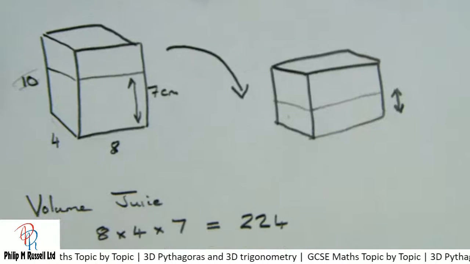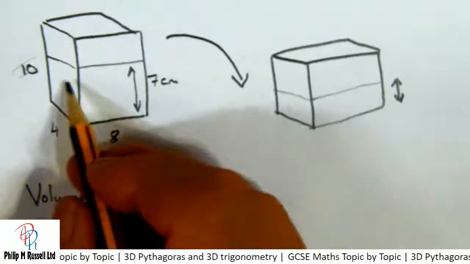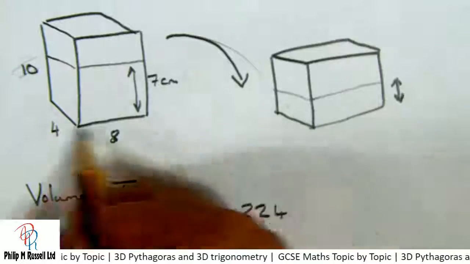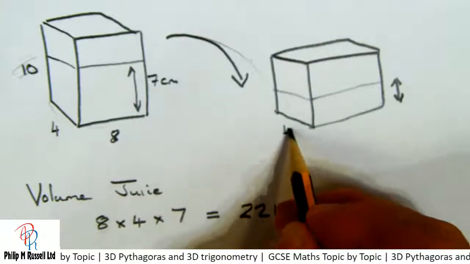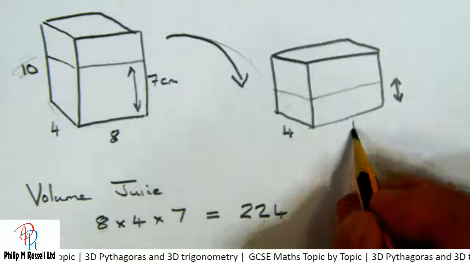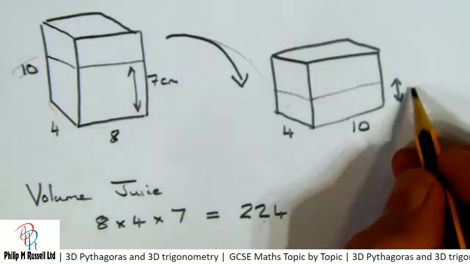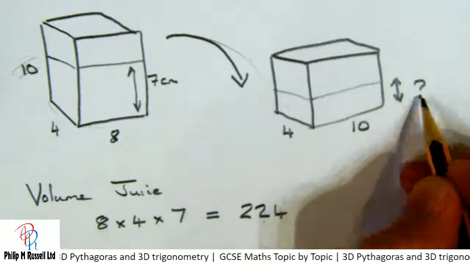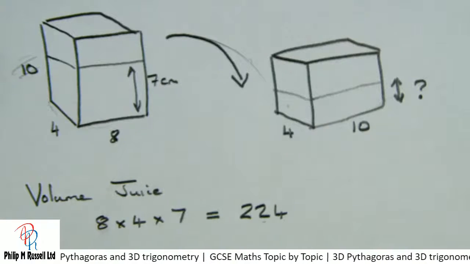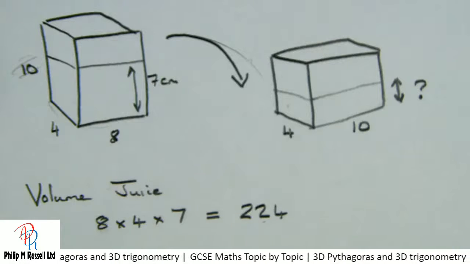Let's work out the dimensions of this object. Well, this is just rotated down this way, so this length of 4, this is still 4. As this goes down, this length becomes 10, and we need to work out what this one is. Well, that's really quite easy, isn't it?